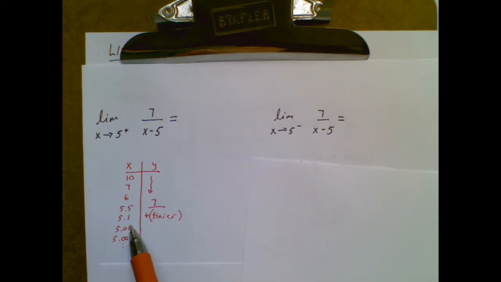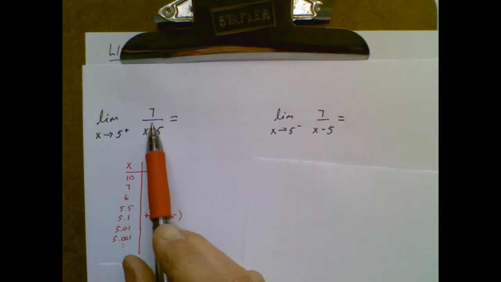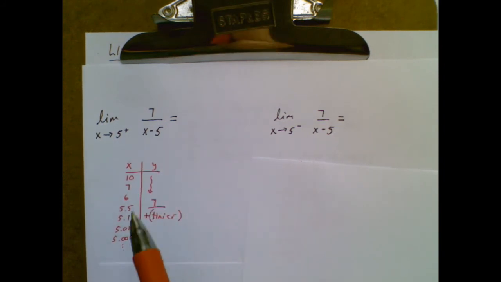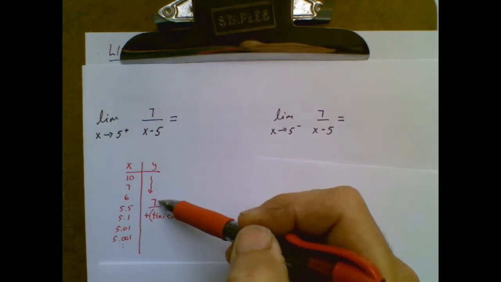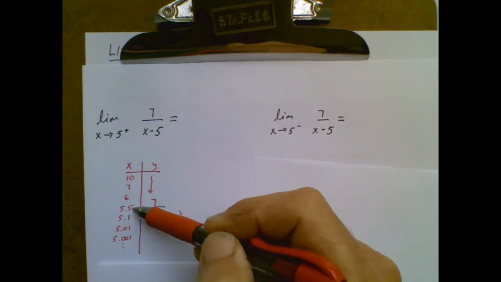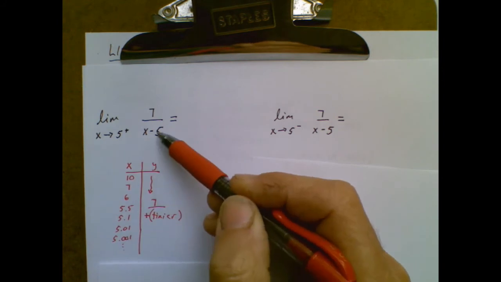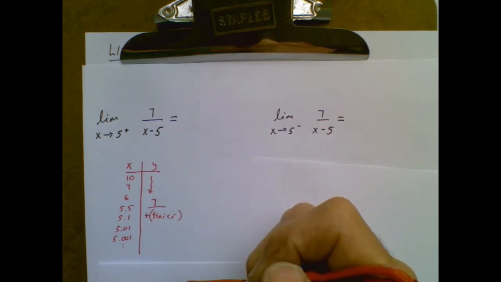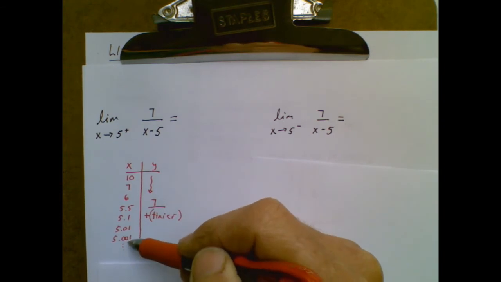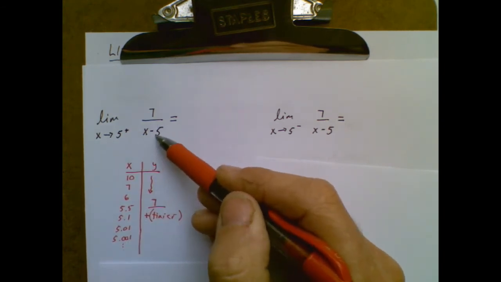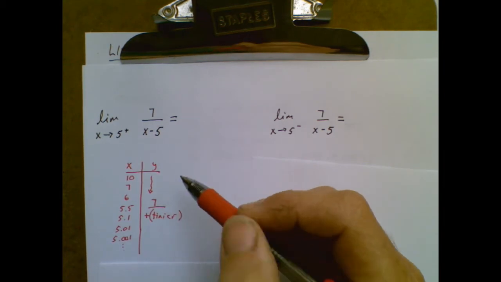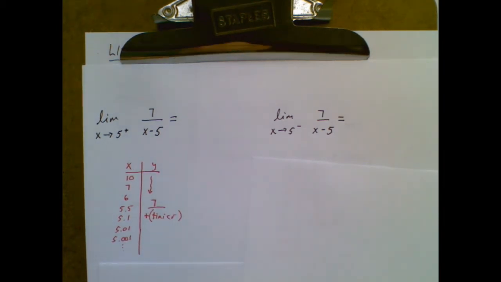So as I do that, I imagine taking each one of these and plugging it into that fraction. The numerator always stays 7. But as these x values get closer to 5, my denominator's calculation becomes very tiny. Imagine plugging a 5.001 into the denominator. I get a positive answer, but it's tiny. So my trend is 7 over tinier and tinier.